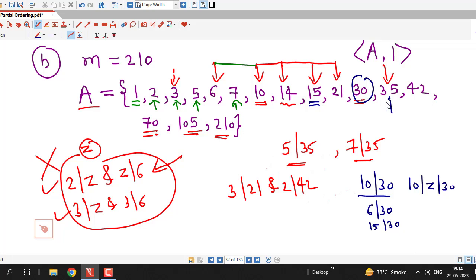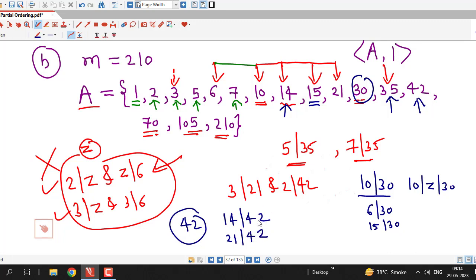Now what about 35? 35 we have already taken. What about 42? 42 is a cover of which integers? So we can see that 14 divides 42 and there is no positive integer in set A in between 14 and 42. So 14 is covered by 42. Similarly 21 is also covered by 42.